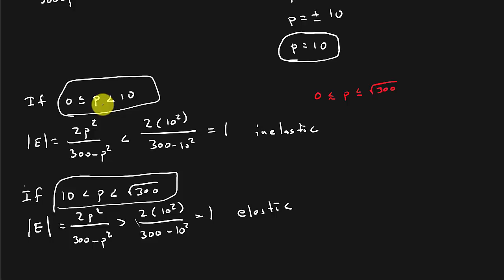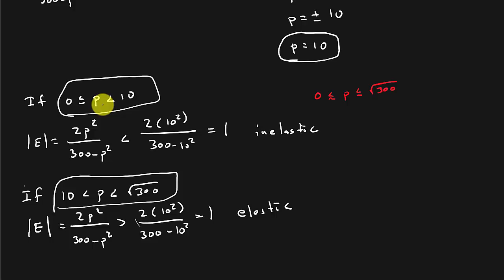But for the price range 10 to square root of 300, the demand is elastic, so the revenue is decreasing. If the book is priced in this range above $10, a percentage increase in price results in a larger percentage decrease in demand.